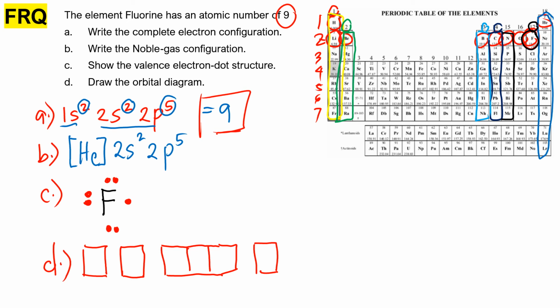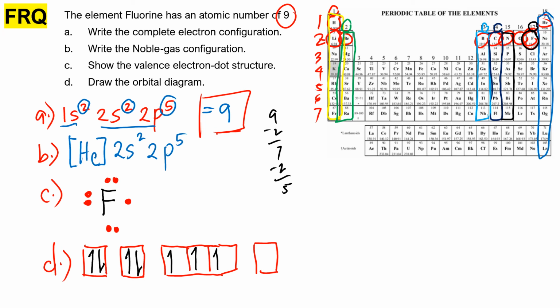We will follow the Aufbau principle, the Pauli exclusion principle, and Hund's rule. First, we occupy the lowest energy level, 1 up, 1 down. So we have spent 2 electrons. 9 minus 2, we have 7. Then we go to the next energy level, 2s, 1, 2. Minus 2, we only have 5 more electrons to distribute. We start here, 1 up, 1 up, and 1 up.